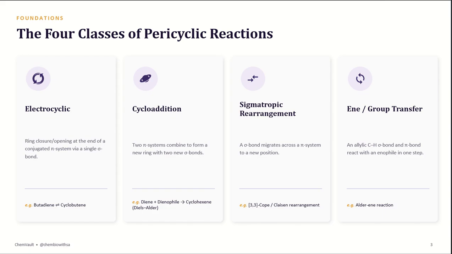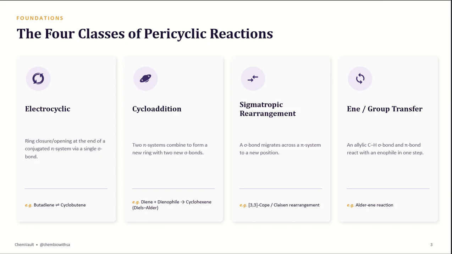Then the cycloadditions bring two pi systems together to build a brand new ring with new sigma bonds. The Diels-Alder reaction is the classical example. Next, sigmatropic rearrangements are about a sigma bond migrating across a pi system to a new position. The Cope and Claisen rearrangements are examples here.